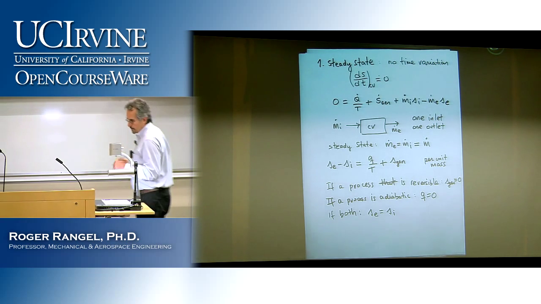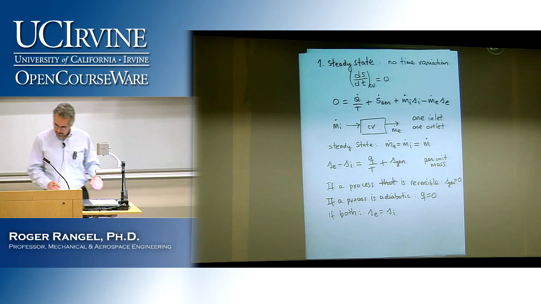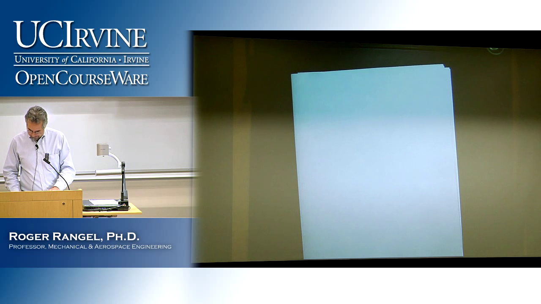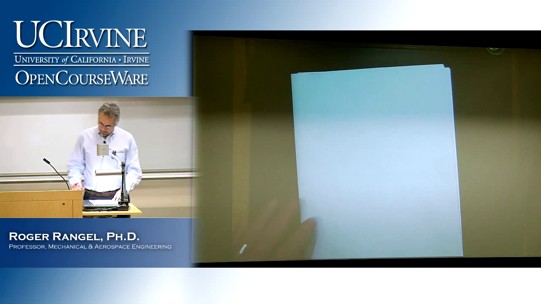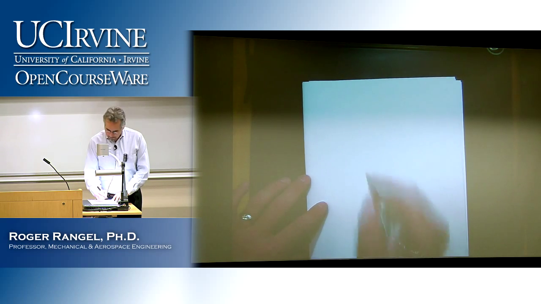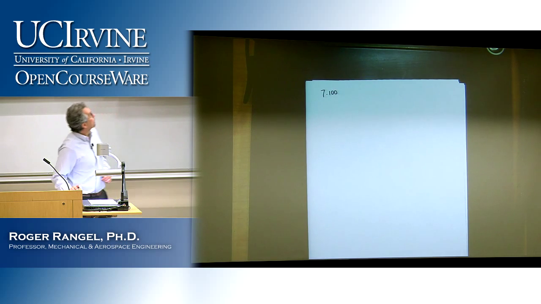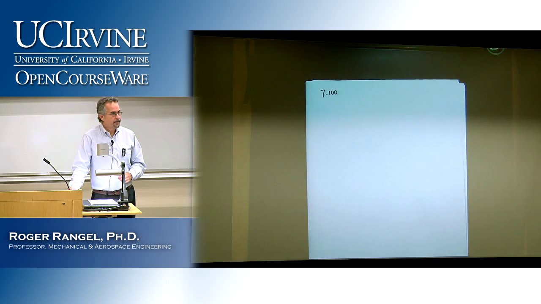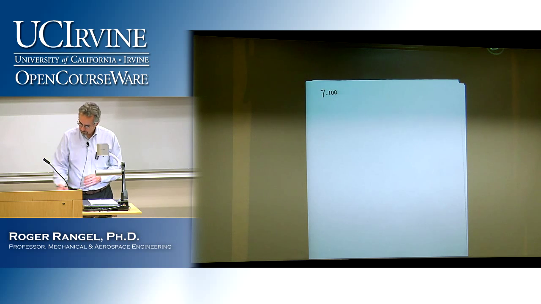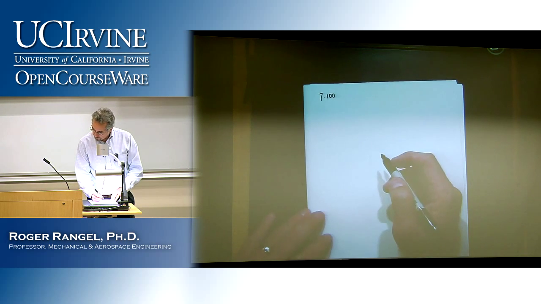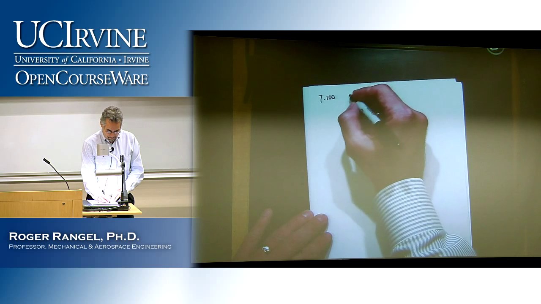Okay, so let's just do a very simple example using this. So this is problem 7-100 in your text. So it's still from chapter 7. Okay, so what we have is a condenser.